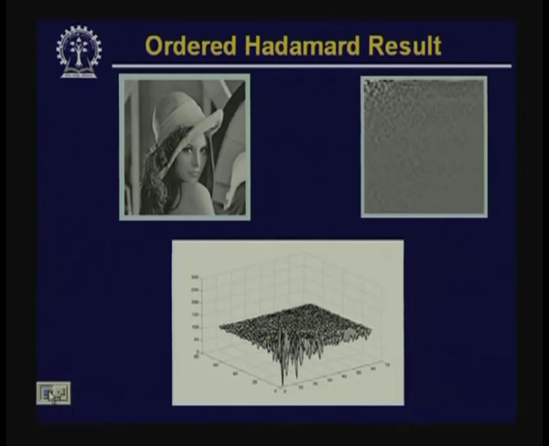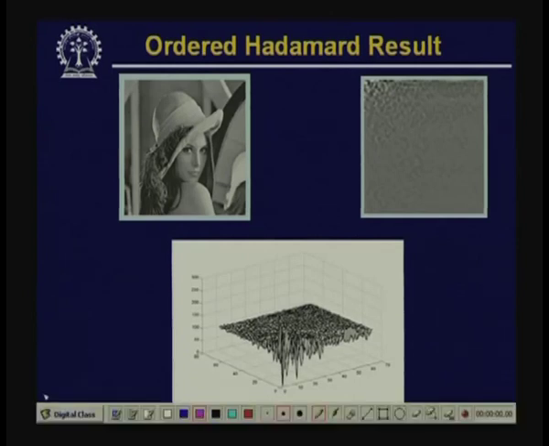Again, if I look at the energy distribution of the different ordered Hadamard coefficients, you find that here the energy is concentrated more towards 0 compared to the Walsh transformation. So, the energy compaction property of the ordered Hadamard transformation is more than the energy compaction property of Walsh transformation.